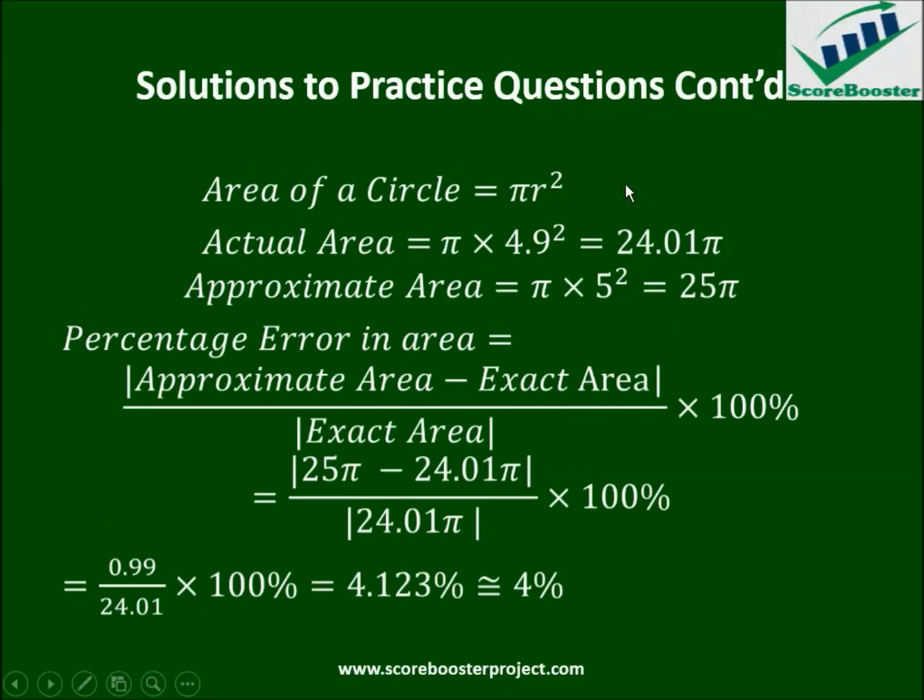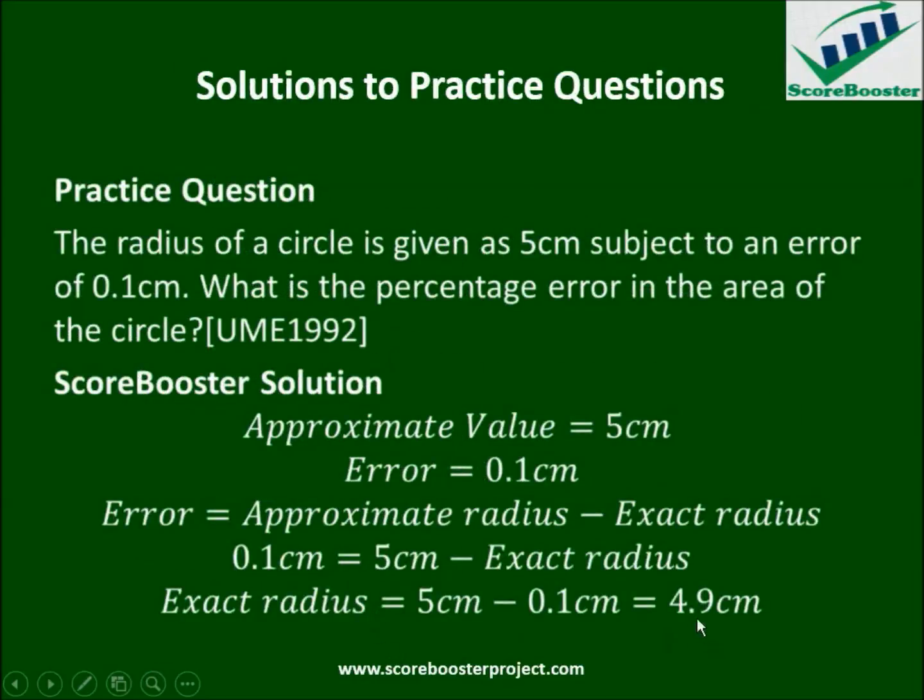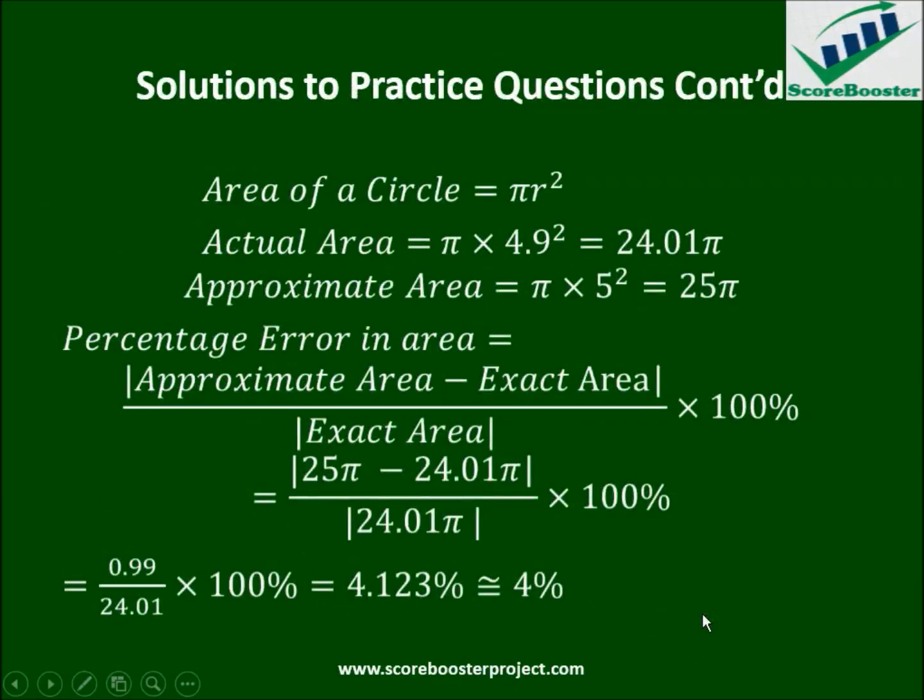Now, the area of a circle is pi r squared, and the actual area is pi times the exact radius squared, with the exact radius calculated to be 4.9 centimeters. So the actual area is equal to 24.01 pi.